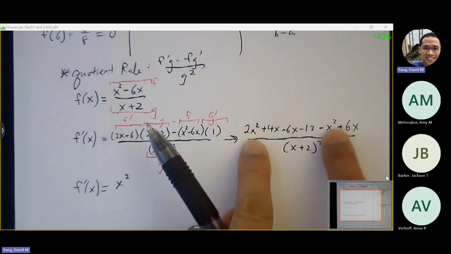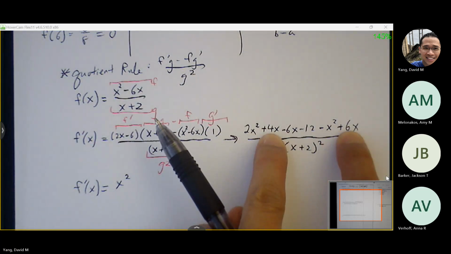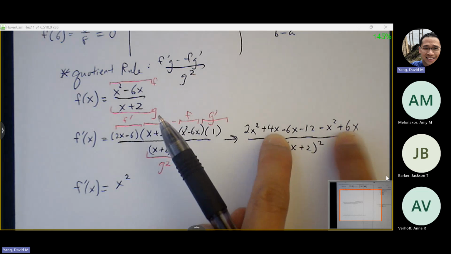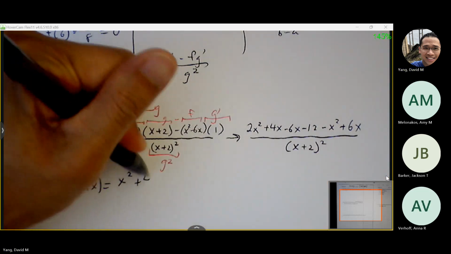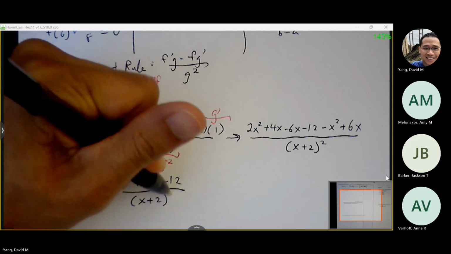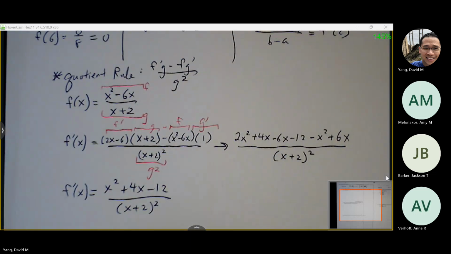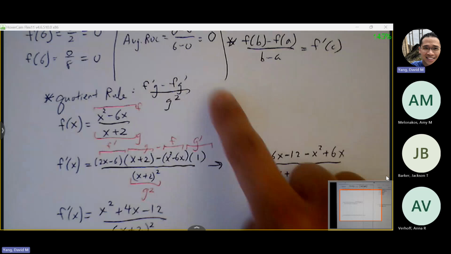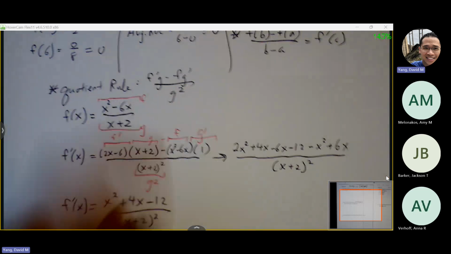Combine like terms, 2x squared minus x squared is x squared. 6x's cancel out, so plus 4x minus 12. Okay, so now we have our derivative. We have our slope. We'll set them equal to each other.